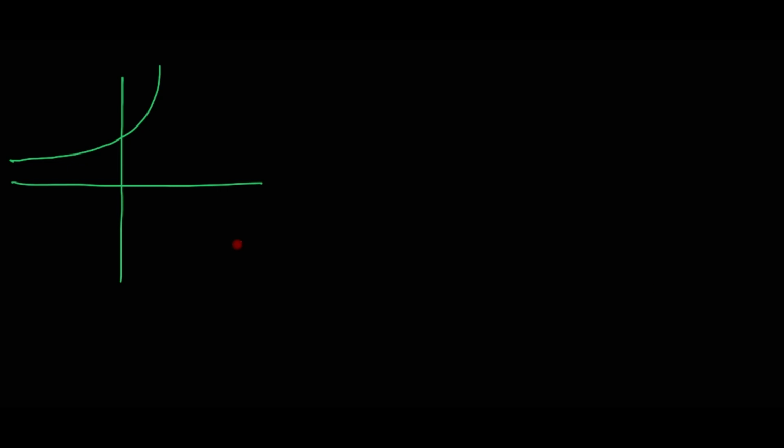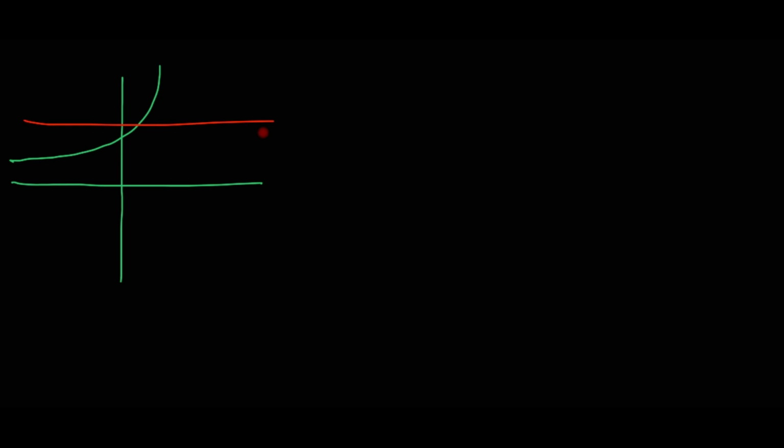A vertical line test. Your ruler, when you place it here vertically, you'll realize it touches your graph at one point. So this is indeed a function. But now let's see what type of function. We know to test whether a function is one-to-one or many-to-one, using a horizontal line test.